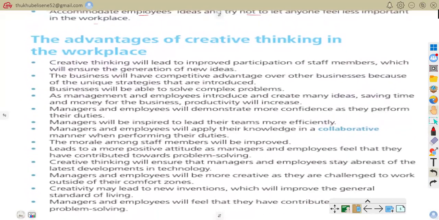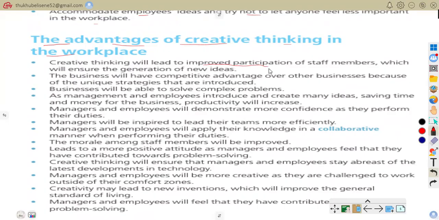Let us move on to advantages of creative thinking in the workplace. As it says, creative thinking will lead to improved participation of staff members, which will ensure the generation of new ideas.